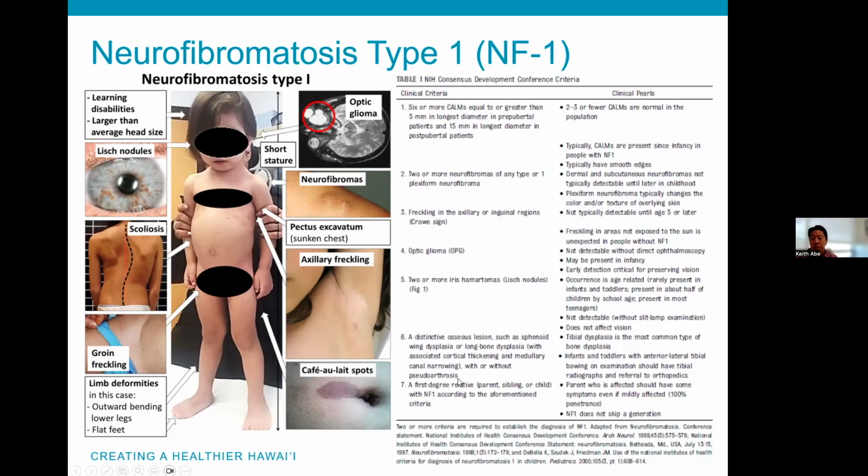Other than seeing some obviously malformed bone, we often don't go hunting for bony abnormalities. And again, unlike the TSC criteria, one of the major criteria is having a parent, because it's autosomal dominant, so 50% inherited.